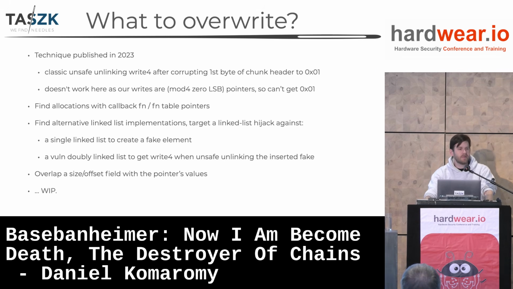Our overflow primitive is pointers to values that we control. And in this case, for this particular primitive, you need the very simple thing of one of the least significant bytes of a heap header to be overwritten with the value 1. But since we are only writing pointers and those are always 4-byte aligned, it's just not going to be possible to ever write the value 1. So you cannot trigger that technique.